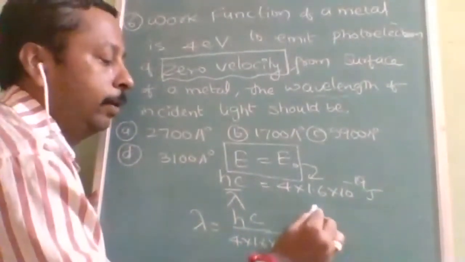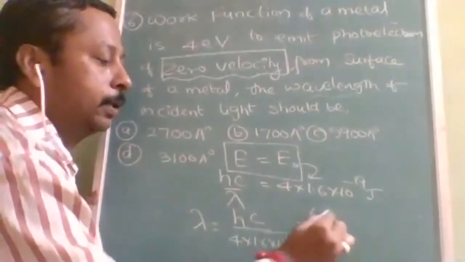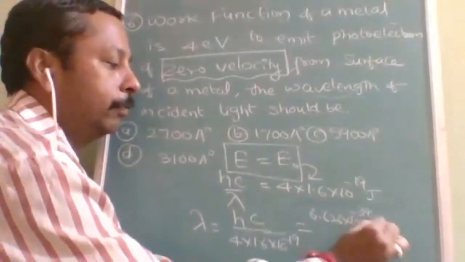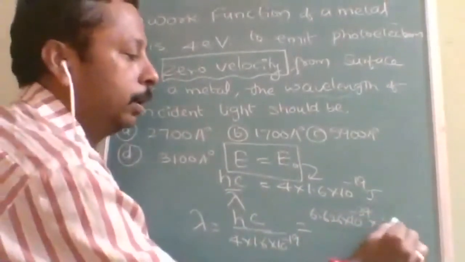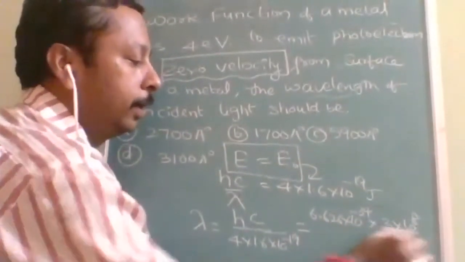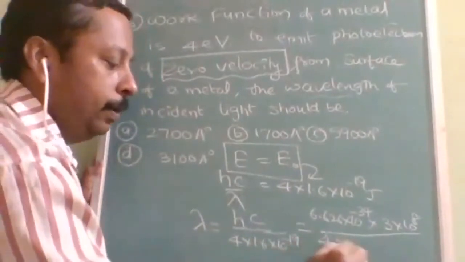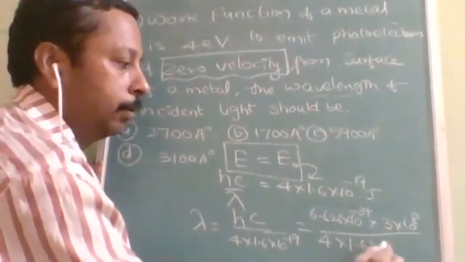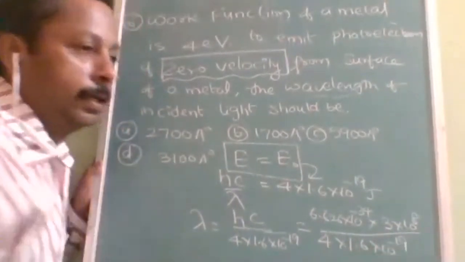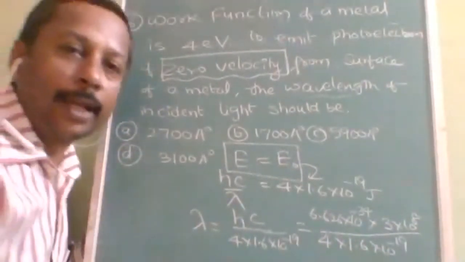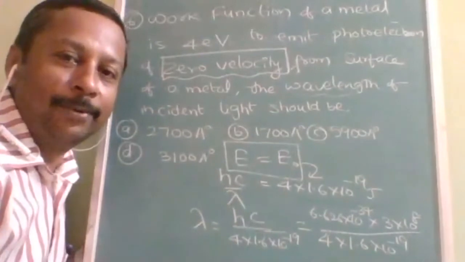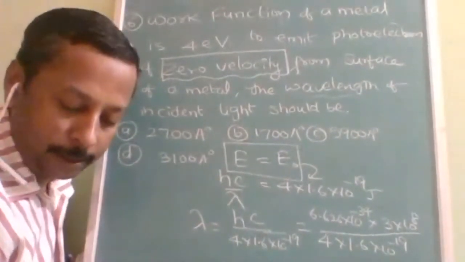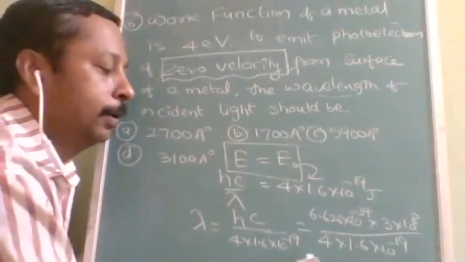So H value every student must be knowing, 6.626 into 10 to the power of minus 34 into 3 into 10 to the power of 8 divided by 4 into 1.6 into 10 to the power of minus 19. So this calculation part, will you be able to do it? Do it and tell me whether you are correct or not. I will tell you. Very good.